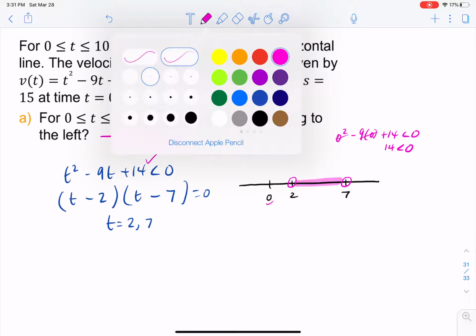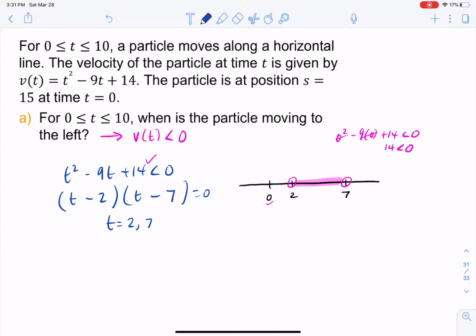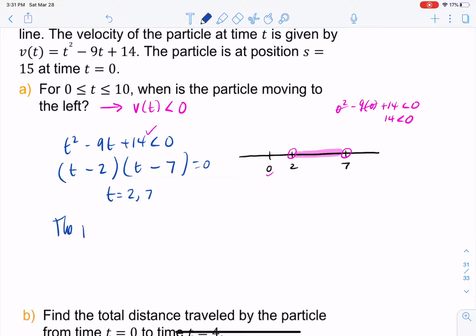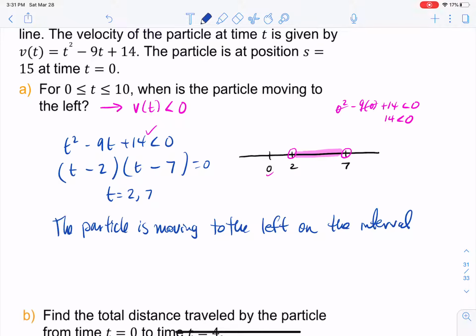So I'm just going to write that the particle is moving to the left on the interval 2 < t < 7. Yeah, that should do it.